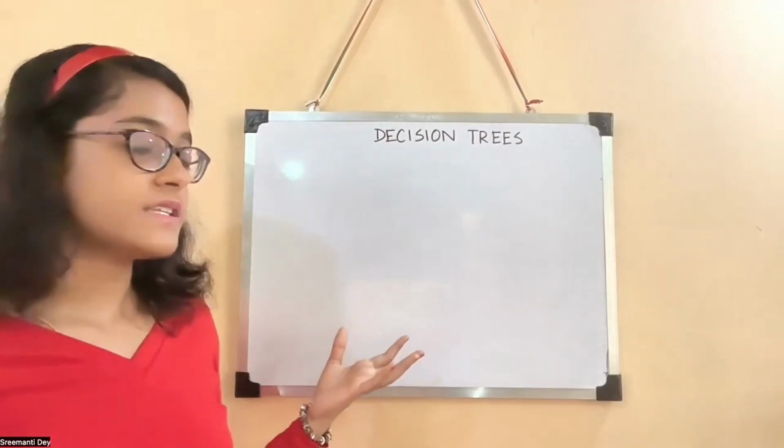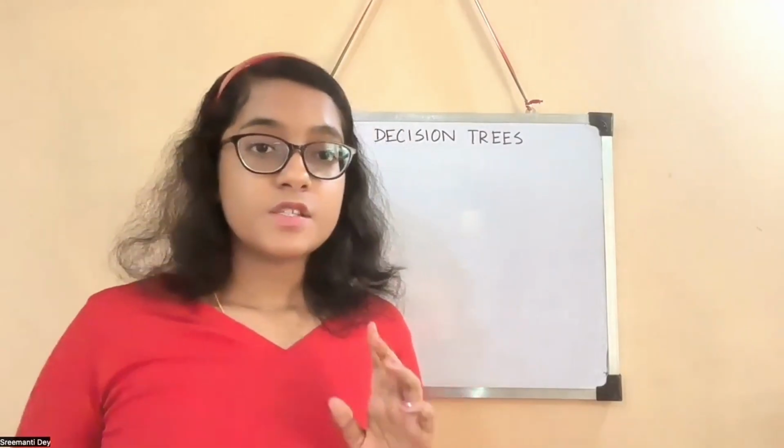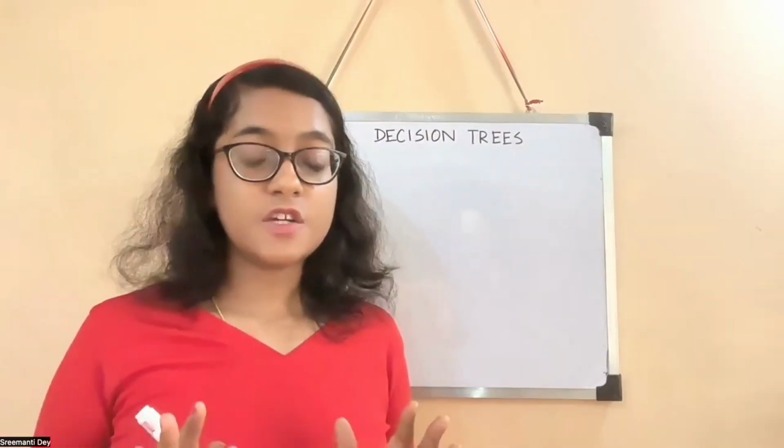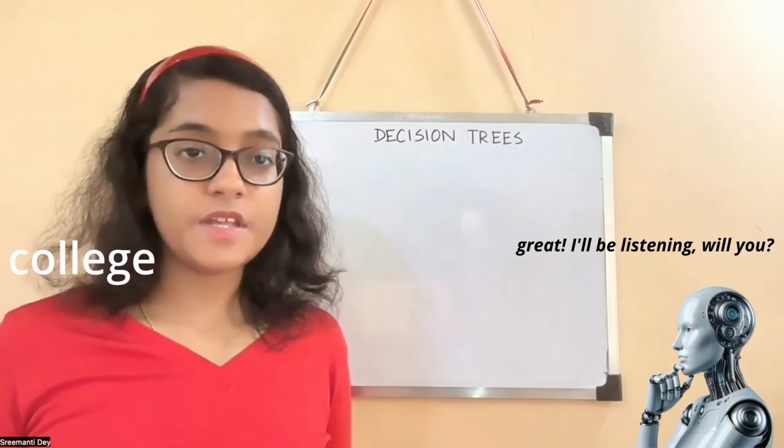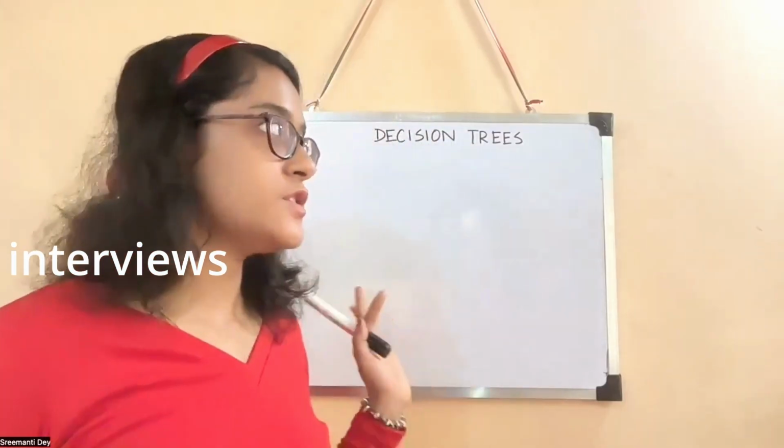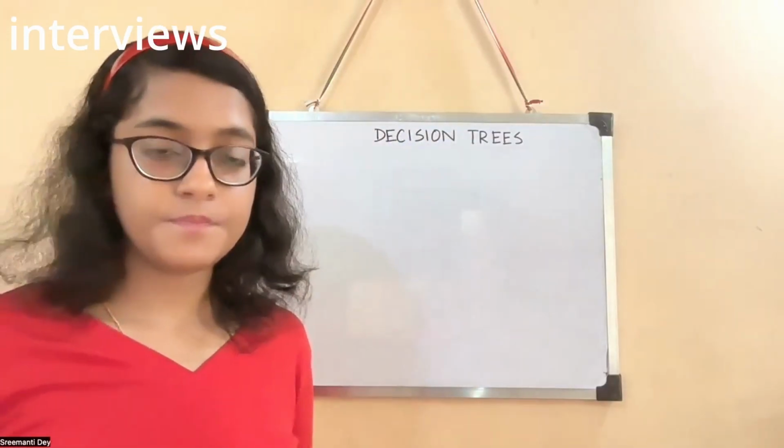It is also very important for your ML career and understanding, so you have to listen carefully. If you follow this video till the end, I can guarantee that you will be able to understand and solve all decision tree questions in college, in the GATE exam, in interviews, and you will master this concept perfectly.